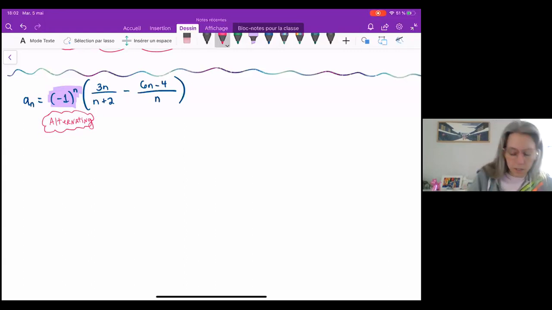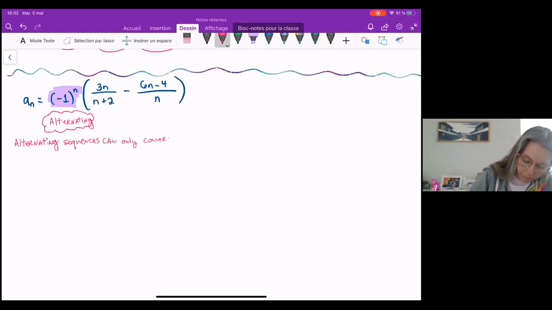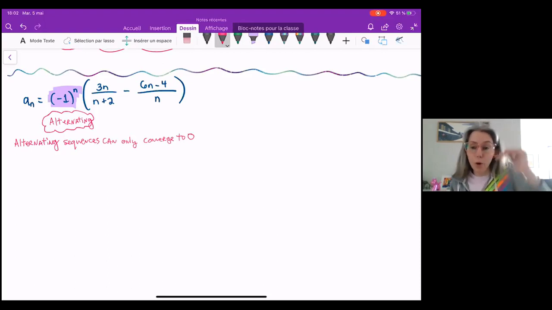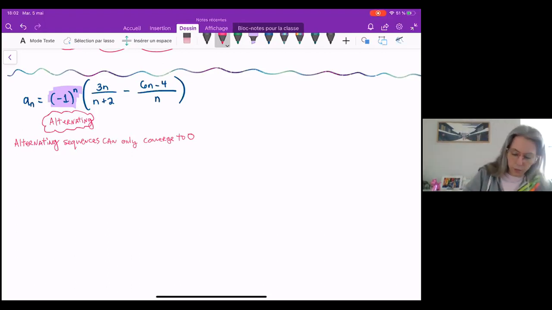What we know is that alternating sequences can only converge to 0. They can't converge to 1 or -1 or 5 or -5. They would be bouncing back and forth between positive and negative numbers. So they can only converge to 0. That's the first thing we know.